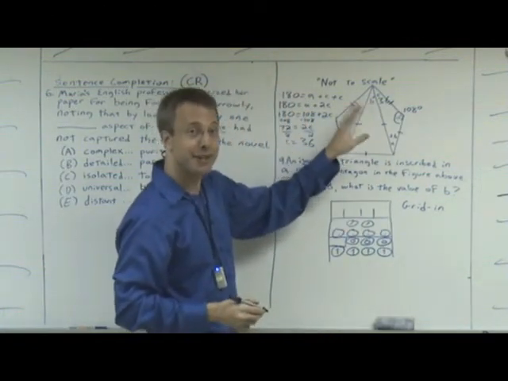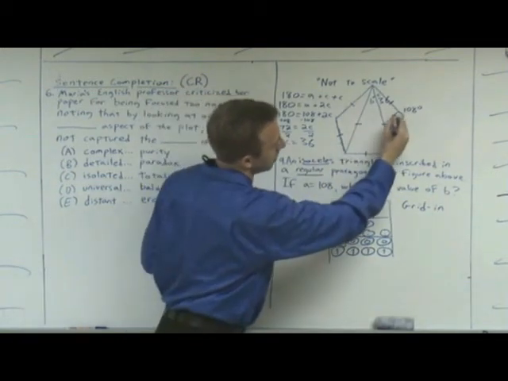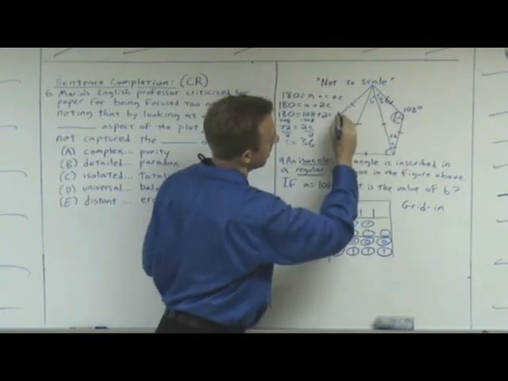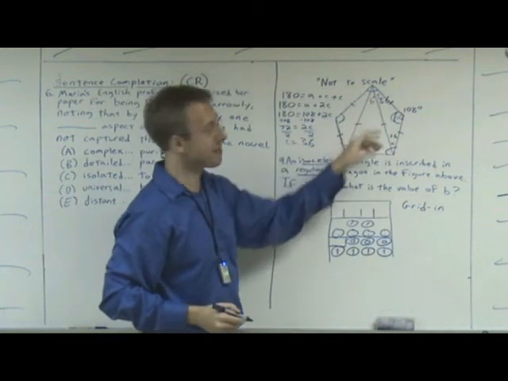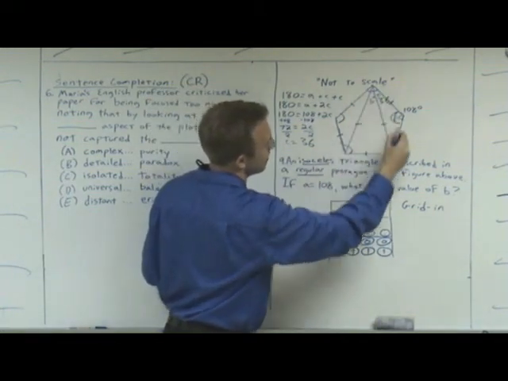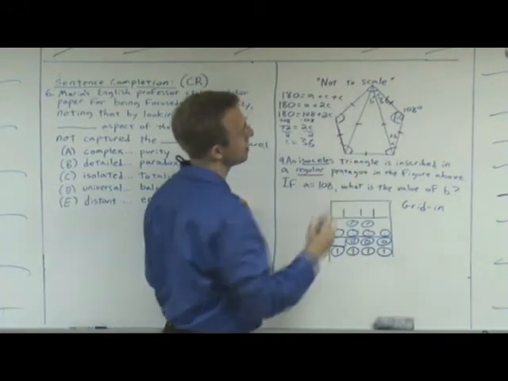Now we're getting closer to solving for B. Here's another thing: we know that all of these angles here, here, here, here, and here are 108 degrees. Also, this triangle is exactly the same as this triangle because these sides are the same and these sides are the same.